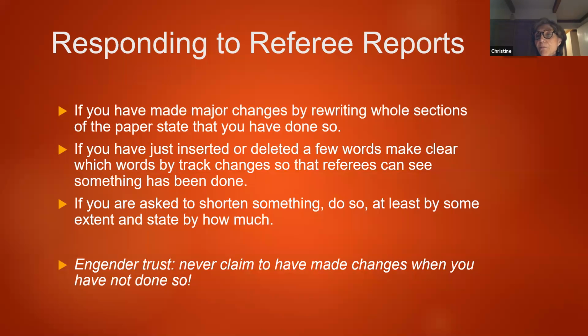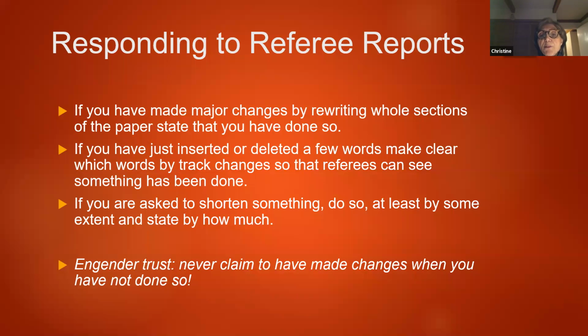If there were just some very minor changes in the paper that don't affect anything, but are just typographical, the editor may not send it back to the referees again. The editor may make the decision him or herself. So it just depends on how extensive the changes were. If you're asked to shorten something, make sure you do it, at least to some extent, and state by how much.